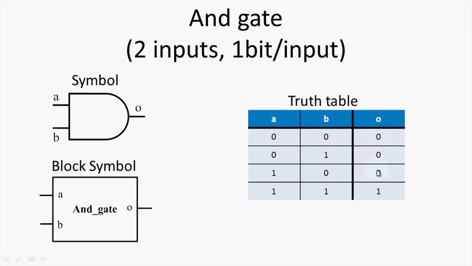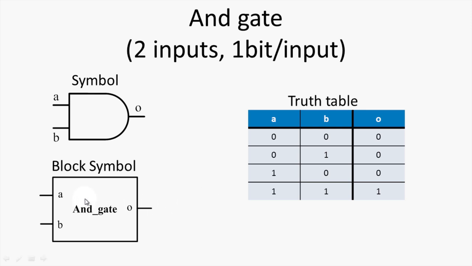It has a truth table like this, so it has two inputs, A and B, and the output O. Whenever one of the inputs is a 0, then the output is a 0, and when both inputs are 1, then the output is a 1. So in our case, we are going to create an entity for this component.